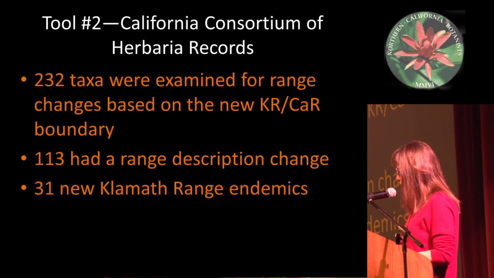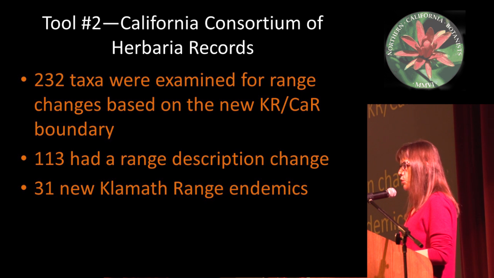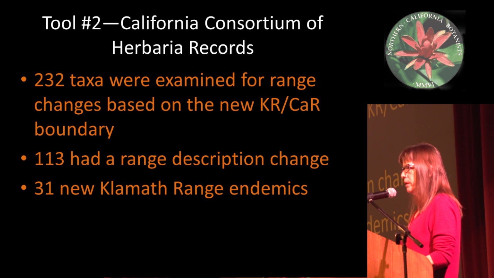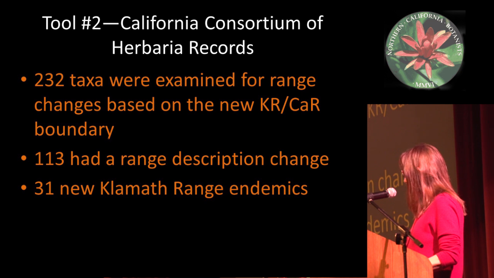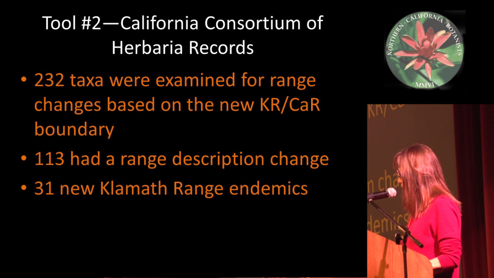And David thought that it was doable if we could agree, that is the people that were familiar locally, since it's a relatively under-collected area, we couldn't rely entirely on consortium records, but we needed to just vet it based on what we knew otherwise. But he came up with this list of about 230 taxa that then we looked at and said, yes, you need to add KR or subtract the Cascade Range based on where the new boundary was.